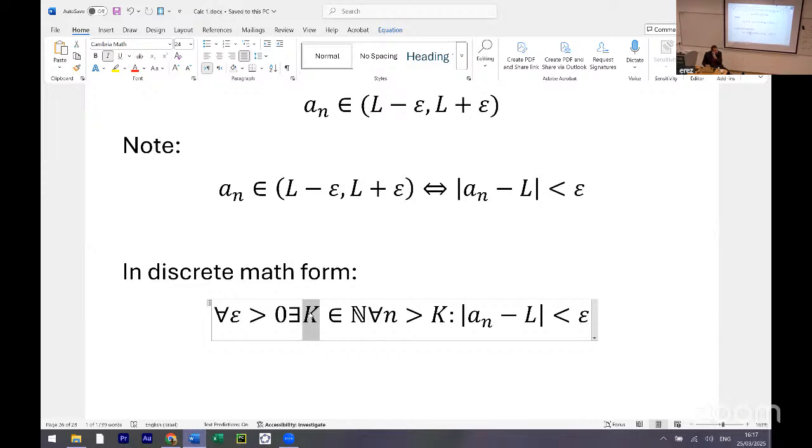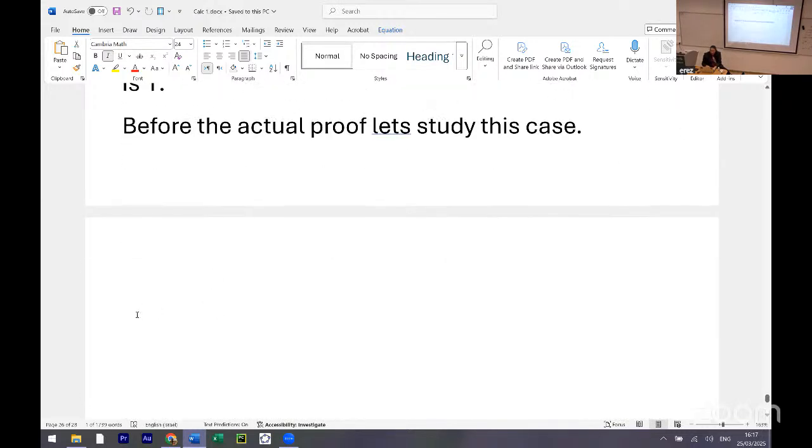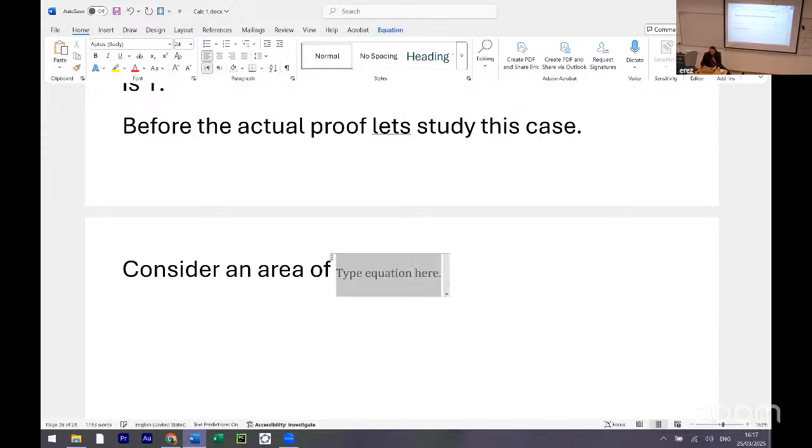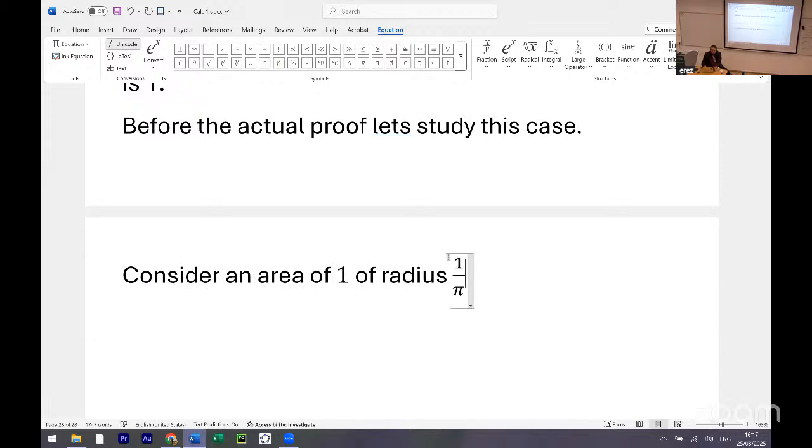Okay, and let's see it in the example below. So take any area of 1, consider an area of 1 of radius 1 over pi. It could be a radius, it's a number.